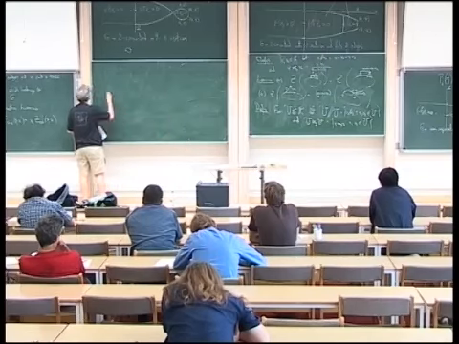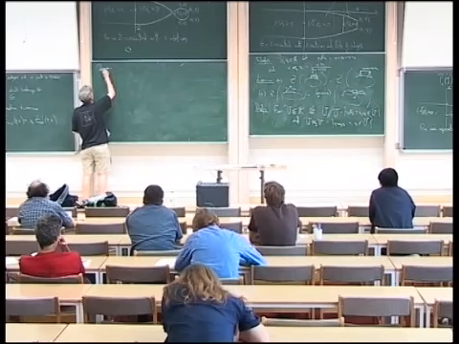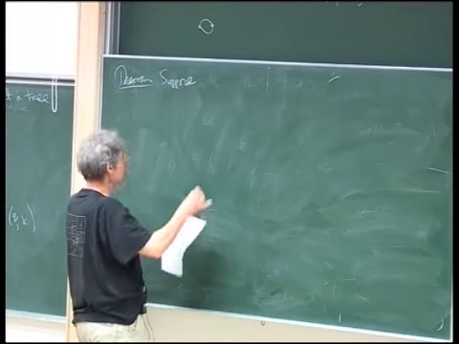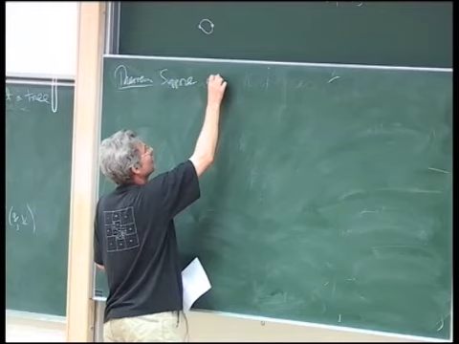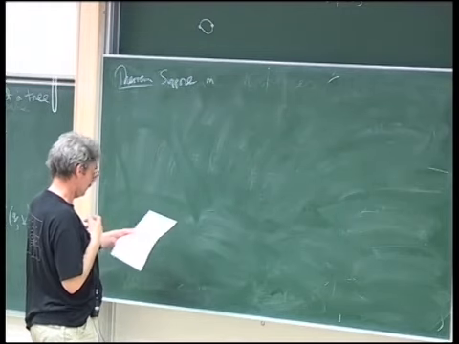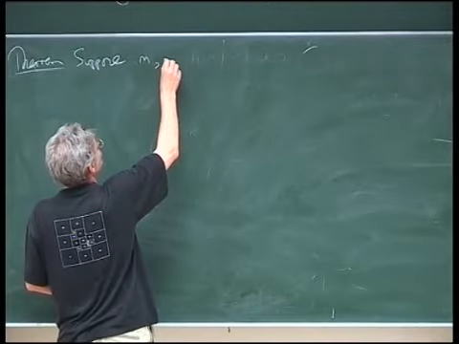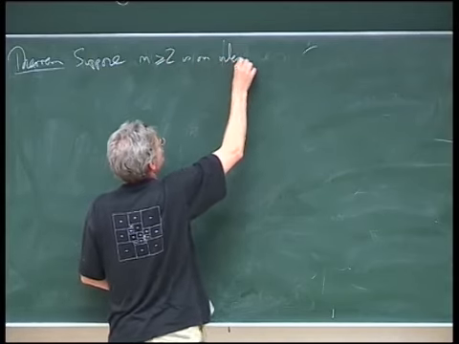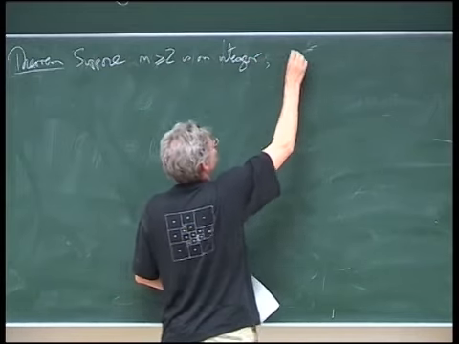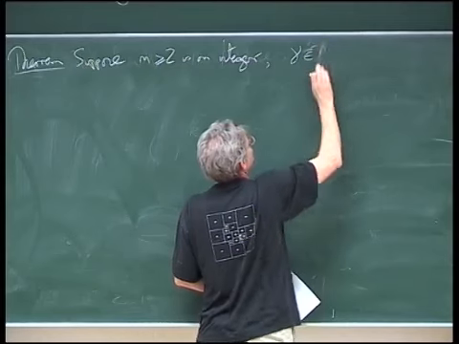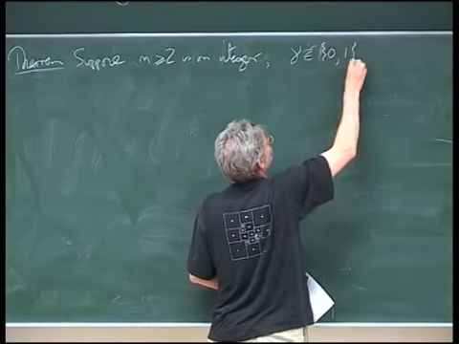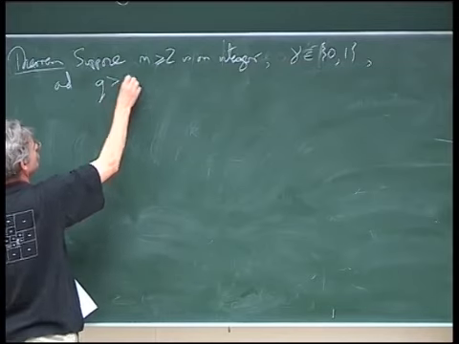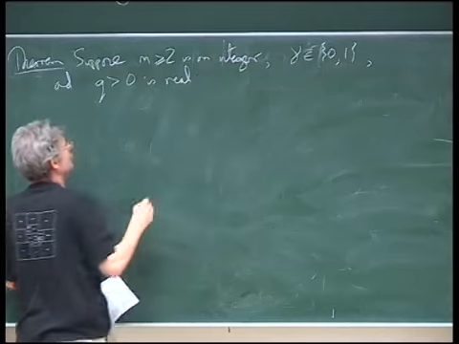So here's the theorem. Suppose m is an integer, m greater or equal to 2. Gamma is also an integer, which is going to be either 0 or 1. And q is a positive real number.